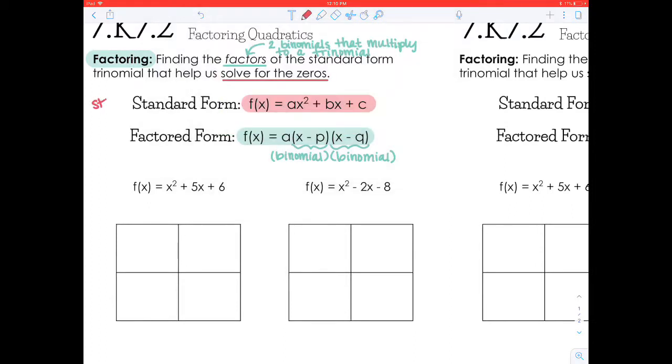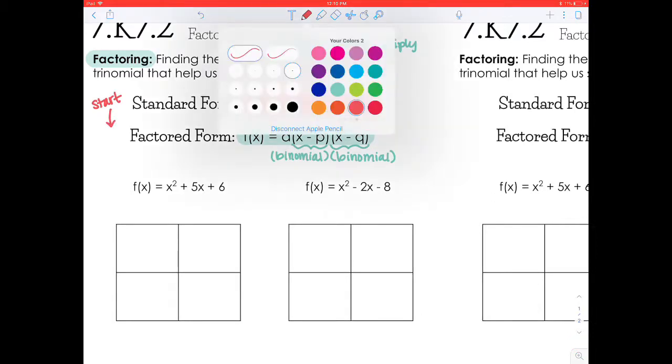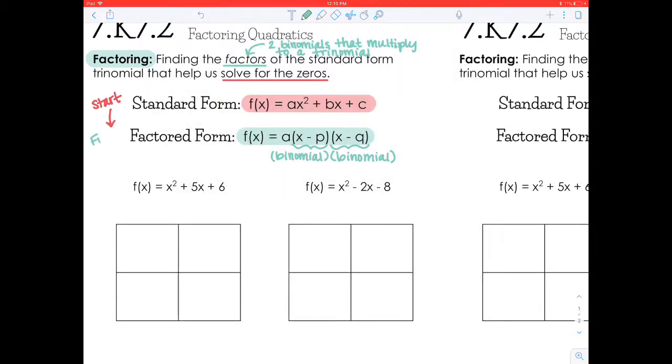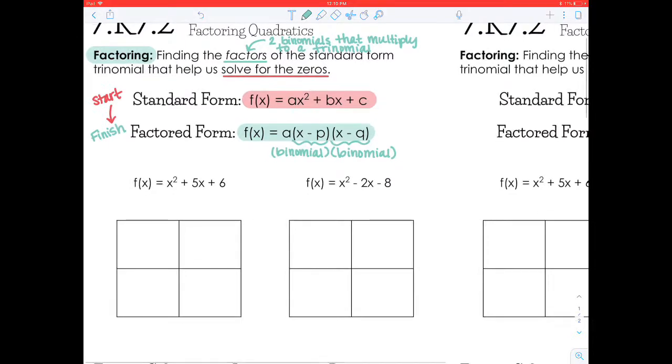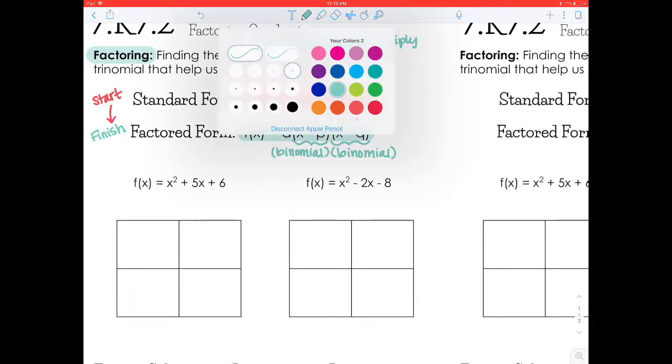This is your start in standard form, and then we finish in factored form. That's the goal. So we're going to place the pieces of this standard form trinomial inside the box where we know they go from whenever we multiplied using area models.